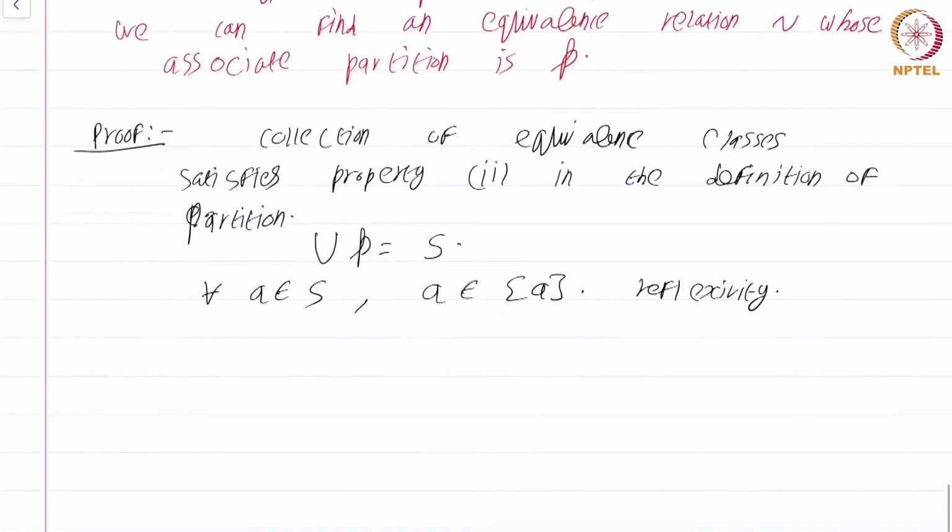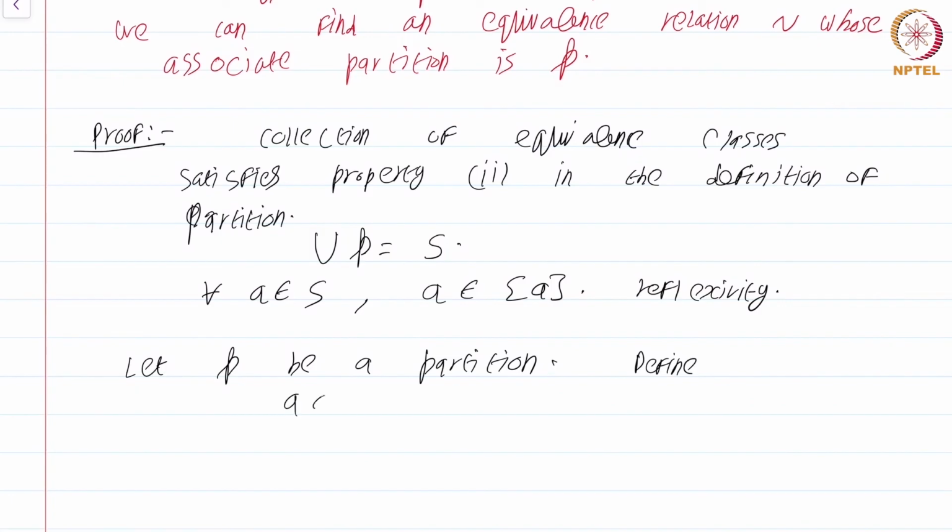Now let's start with the partition P. Let P be a partition. We have to show the converse and construct an equivalence relation such that the partition of equivalence classes of that equivalence relation gives you back the original partition P. Define A related to B if and only if there exists a set 𝒜 in P such that A comma B are both elements of 𝒜.